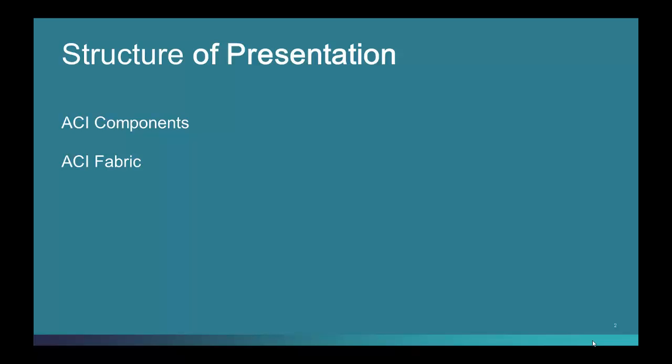Then the second part of this video, we're going to talk about the ACI fabric. That's more about how the spine connects to the leaf. What is the routing? It's layer 3. What routing protocols? How does everything work from that point of view? So first, talking about the components.